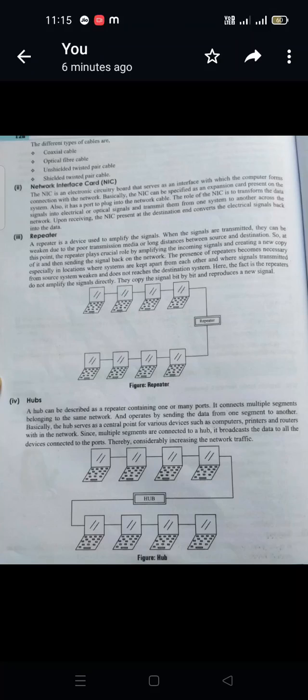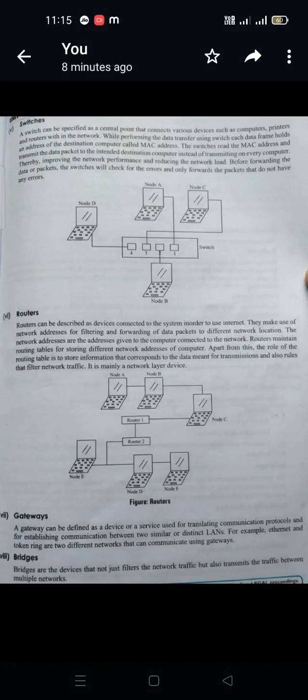And the next one is switches. A switch can be specified as a central point that connects various devices such as computers, printers and routers within the network. Why do we use the network to perform any data transfer, such as data transmission, uploading, downloading or anything related to the internet?